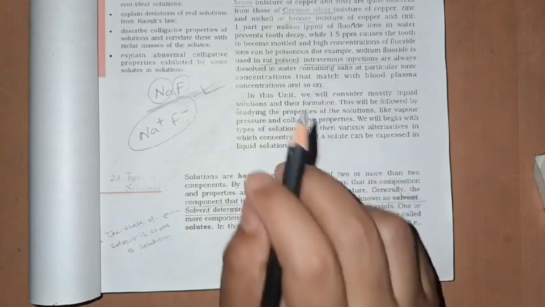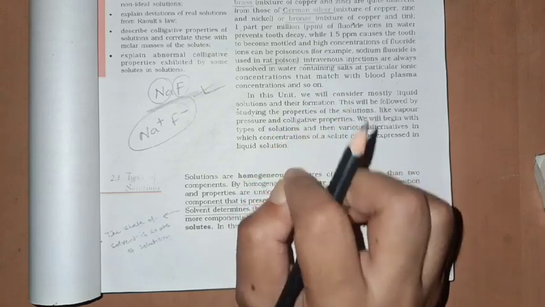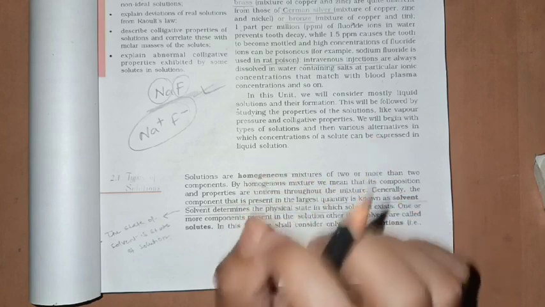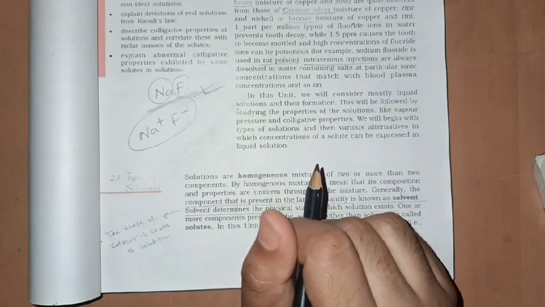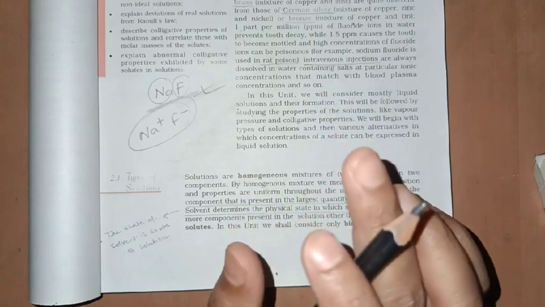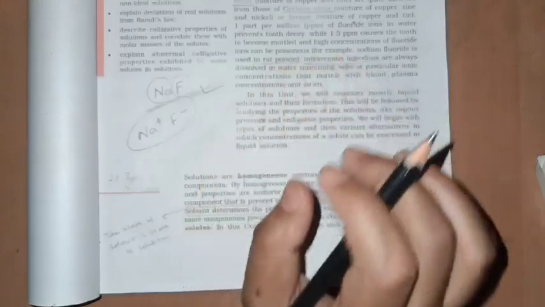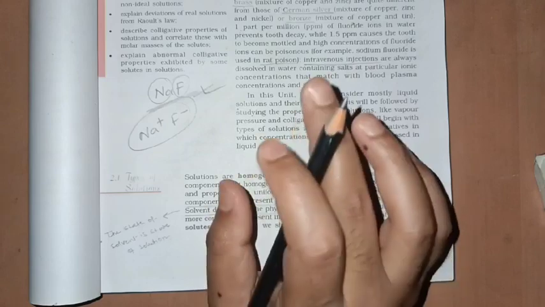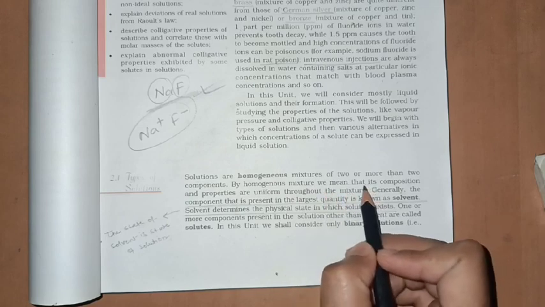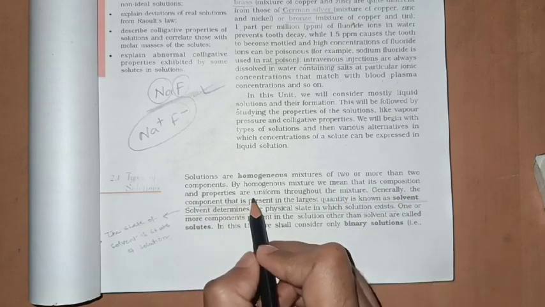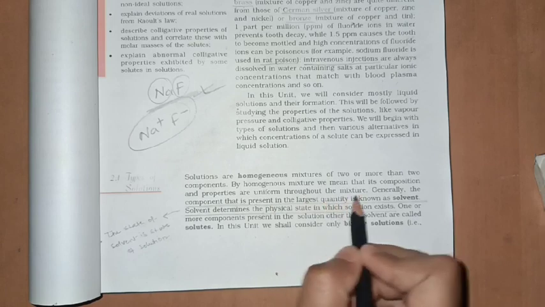After the salt completely dissolves in the water, that is called a homogeneous mixture. That means in every portion or every part of the water, the salt is being mixed. By homogeneous mixture, we mean that its composition and properties are uniform throughout the mixture.